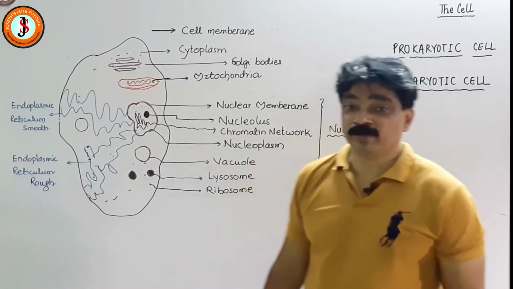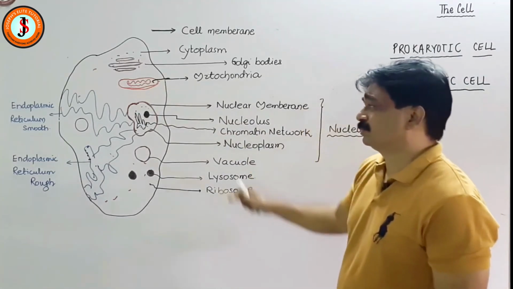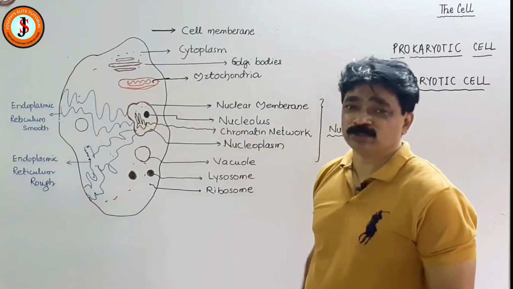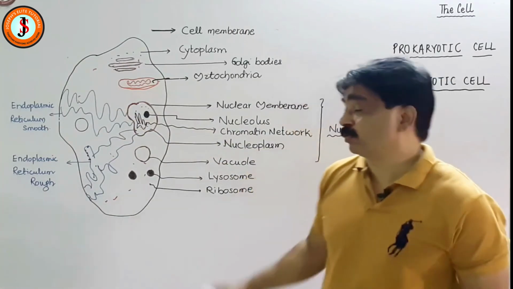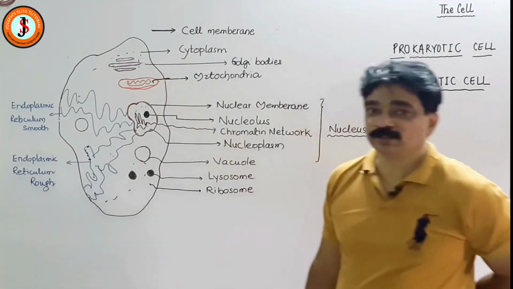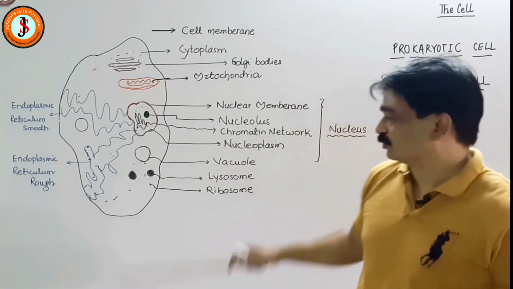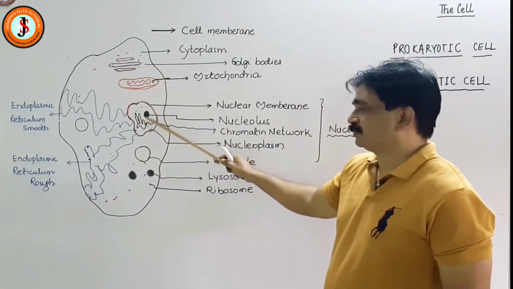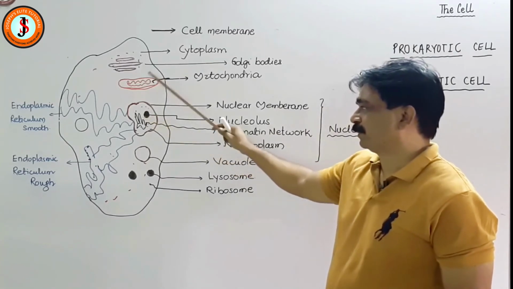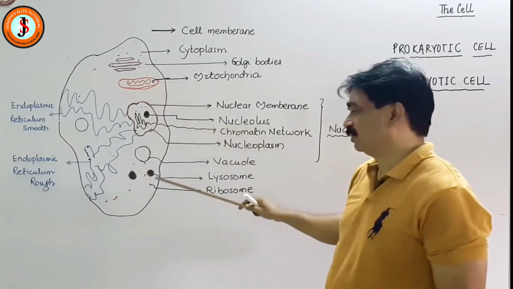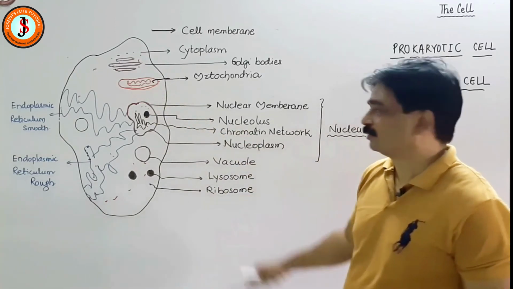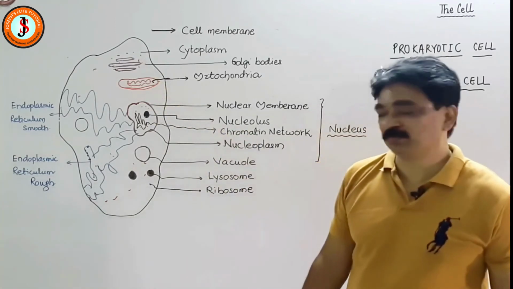We also call it the Golgi apparatus, and it packs and sends the protein to different places in the form of vesicles. So the Golgi body is also known as the control and shipment center of the cell. So the nucleus is the control center, mitochondria is the powerhouse of the cell, lysosome is the suicidal bag, and the Golgi body is the shipping center.